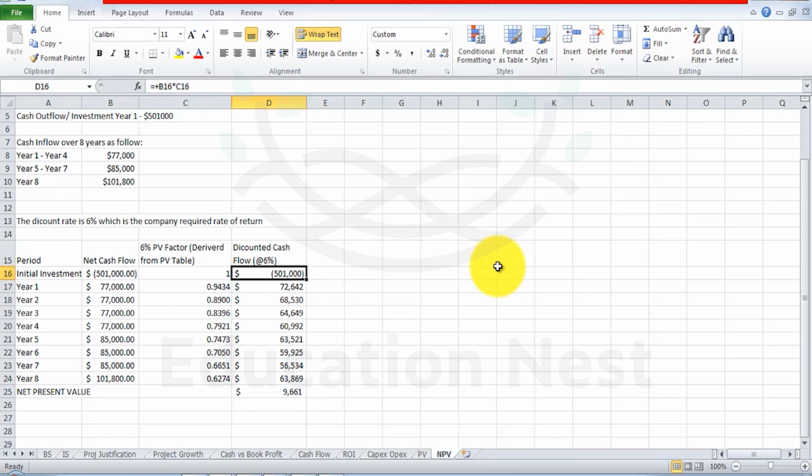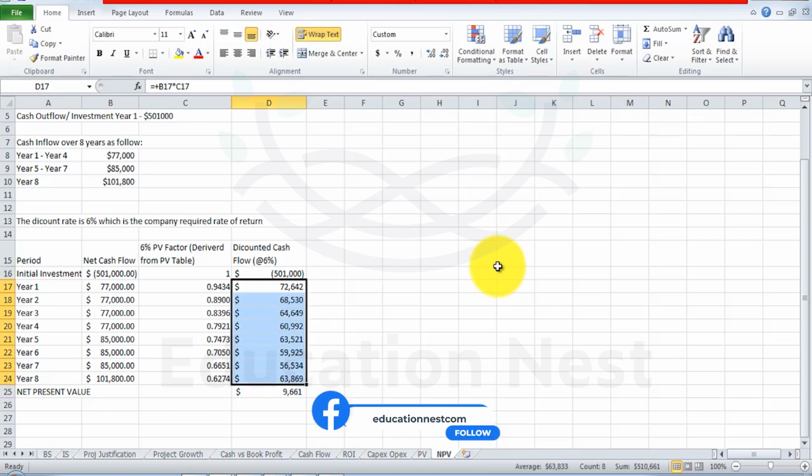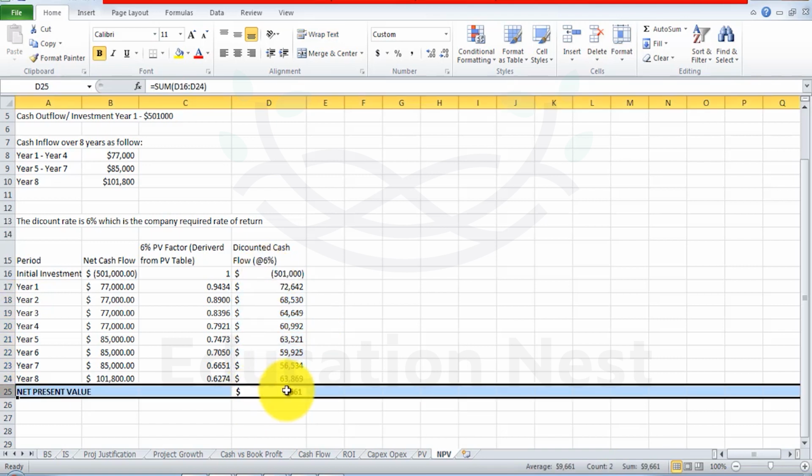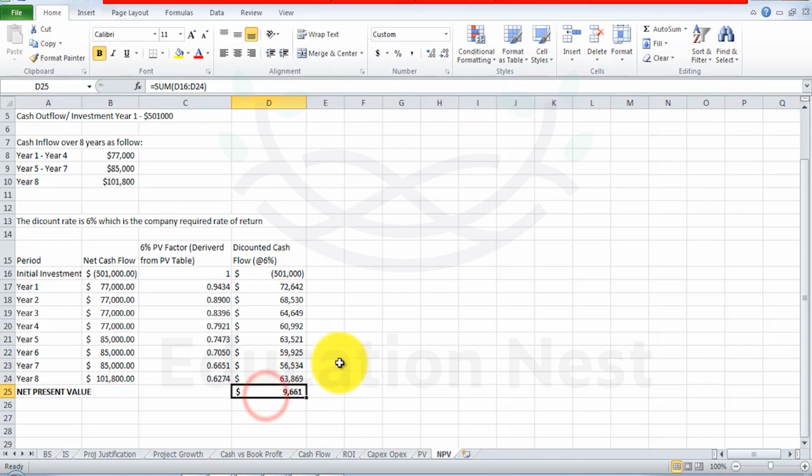If you remember from the definition, net present value is the present value of the projected future cash inflow, that is 5,10,631, against an investment of 5,01,000. So here you have a positive net present value of $9,661. Therefore, the project should be accepted.